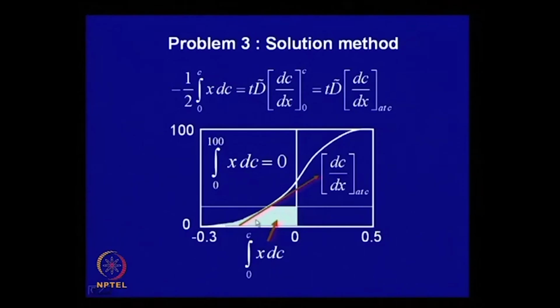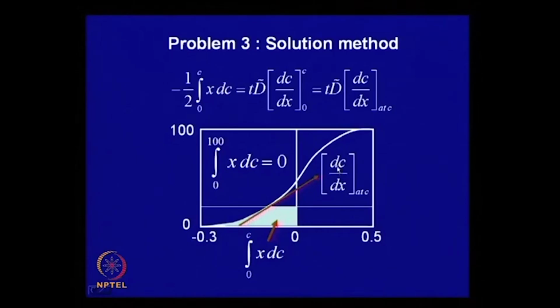Area can be found easily using Simpson's rule or a graphical technique, and it can very easily be done in a spreadsheet if you enter the concentration as a function of distance. And once you find out this area, you then have to find out the slope at this point. So, draw a line over here, and if you have the tabulated data, it is very easy to find out the slope at any point.